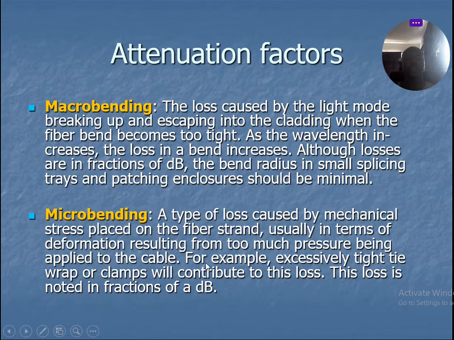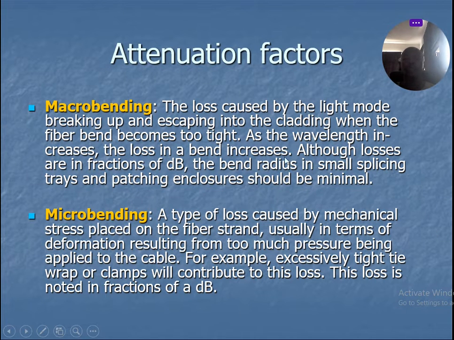This loss is also noted in fractions of a decibel. Tightening the cable at the ends so that it is super tight sometimes results in mechanical stress, and this contributes to what we call macrobending losses. So these are the 4 losses that contribute to attenuation.